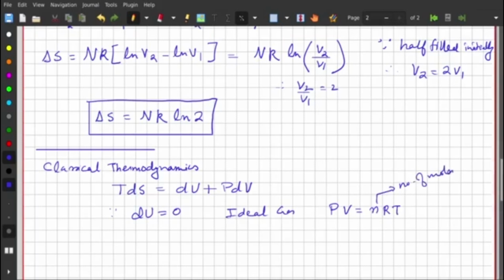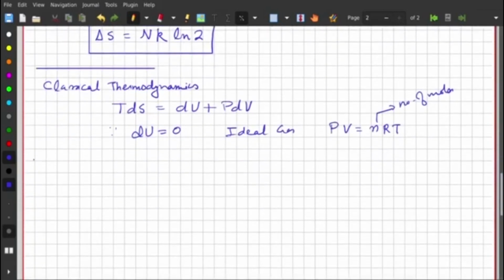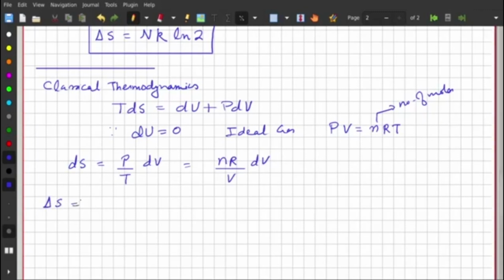This is the ideal gas law. So using this, we can write dS becomes P over T dV, and P over T is nothing but nR by V dV. Therefore delta S is equal to nR integral of dV by V from 1 to 2, so nR log V2 by V1, and just now we saw V2 by V1 is 2, so this is nR log 2.